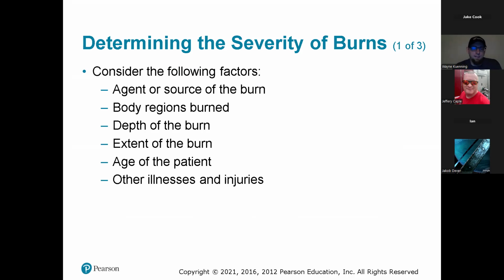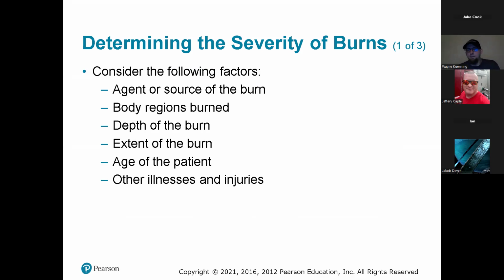Information that needs to be gathered fairly quickly is what caused the burn and what do we need to do to stop the burn. What portions of the body are burned? How deep is the burn? The extent of the burn and the age of the patient. Age of the patient is going to determine a lot of things, especially with treatment once they make it to the burn unit.